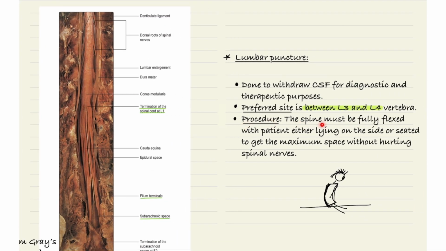Procedure: the spine must be fully flexed with the patient either lying on the side or seated to get the maximum space without hurting the spinal nerves. So in this way, the patient should be seated in the fully flexed position or lying on either side to get the full space for lumbar puncture to be done.